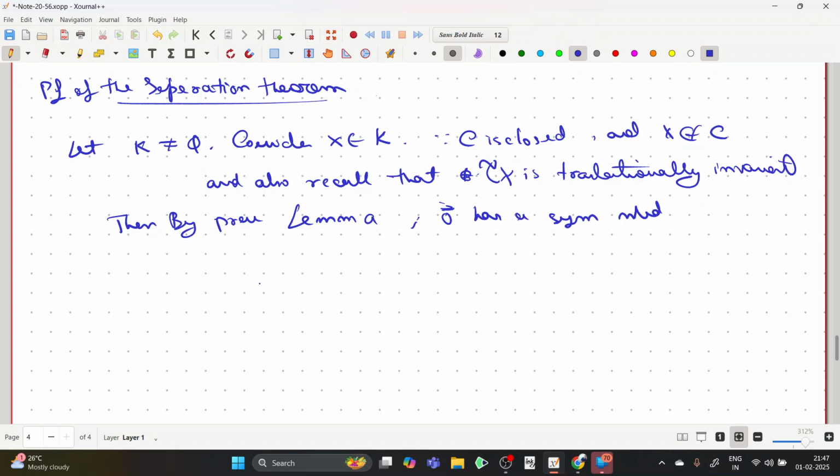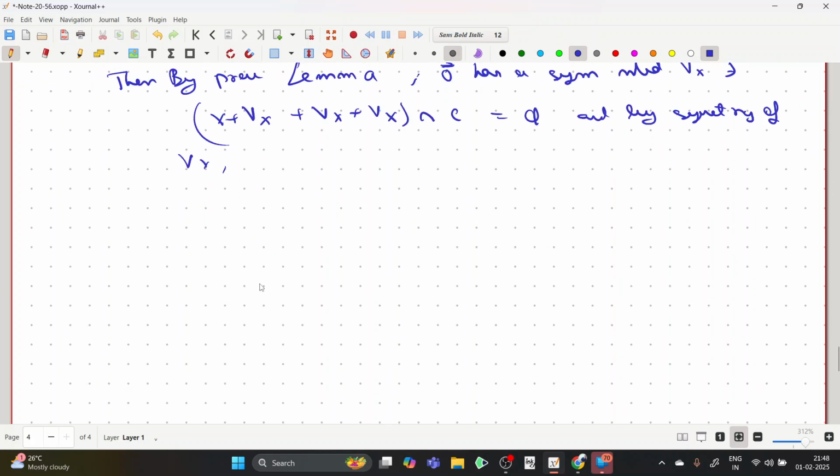So in my previous lemma, 0 has a symmetric neighborhood Vx such that x plus Vx, it still holds the openness, plus Vx intersection with C is non-empty, as this part will be in K. You can actually observe it clearly, and by the symmetry of Vx, since Vx is exactly equal to the collection of all its additive inverses in terms of the group structure, x plus Vx, its intersection with C plus Vx will be non-empty as well.